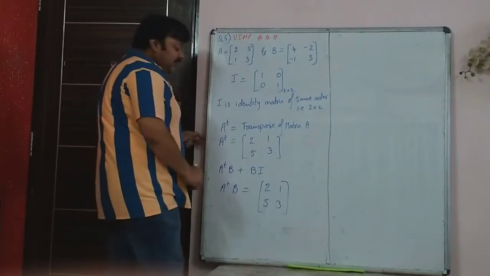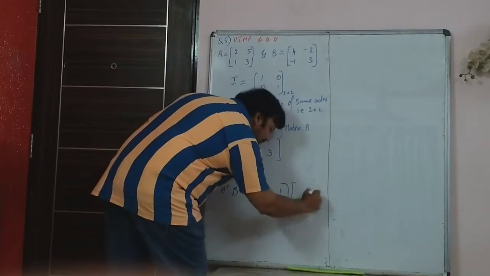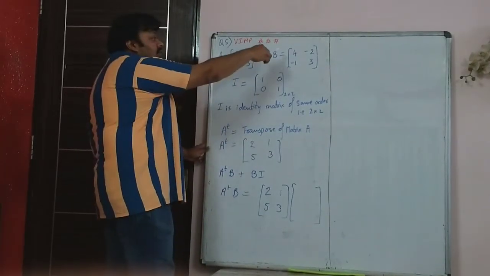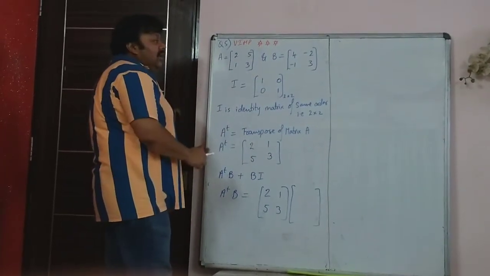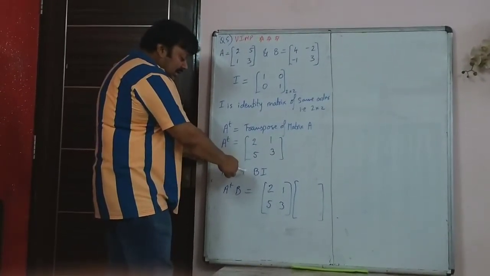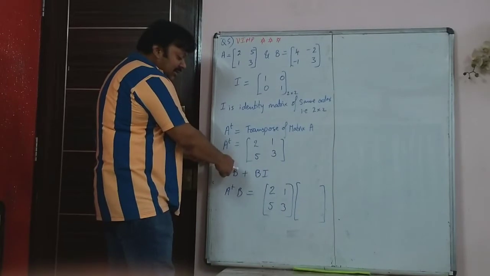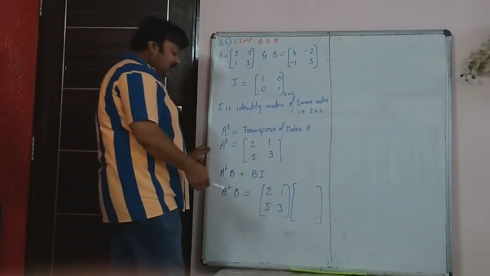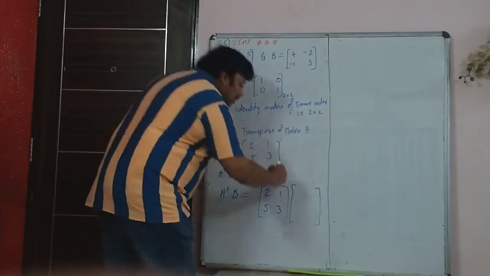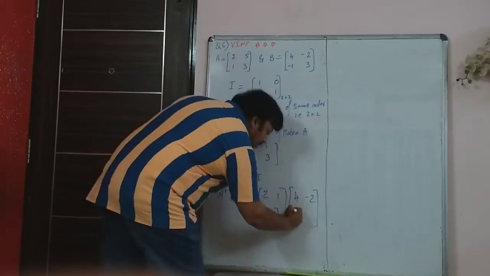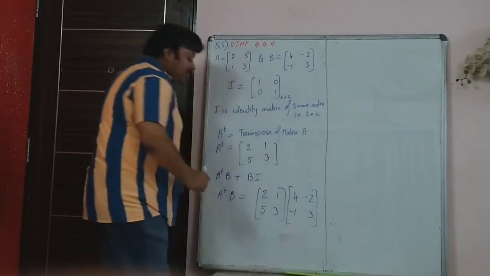And matrix B, that is 4, minus 2, minus 1 and 3. I am writing A^T separately, and then after that I will do BI separately and I will add the two. So matrix B is 4, minus 2, minus 1 and 3.